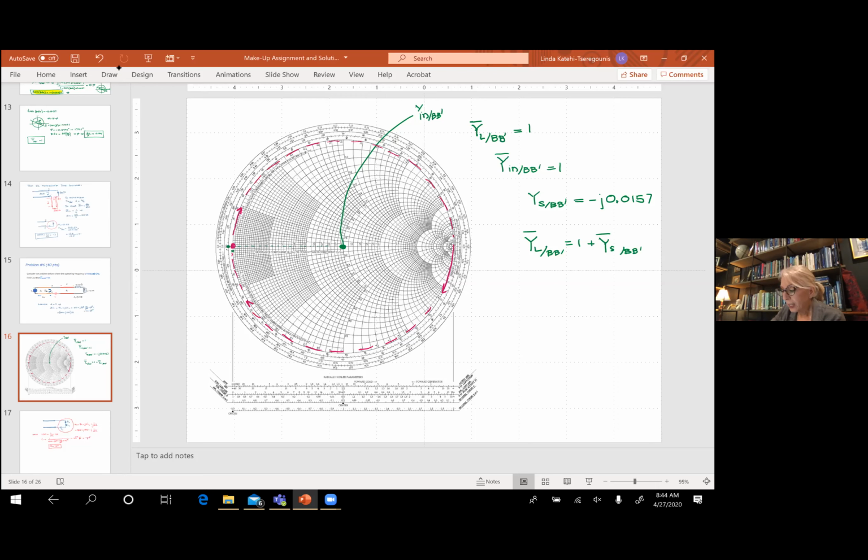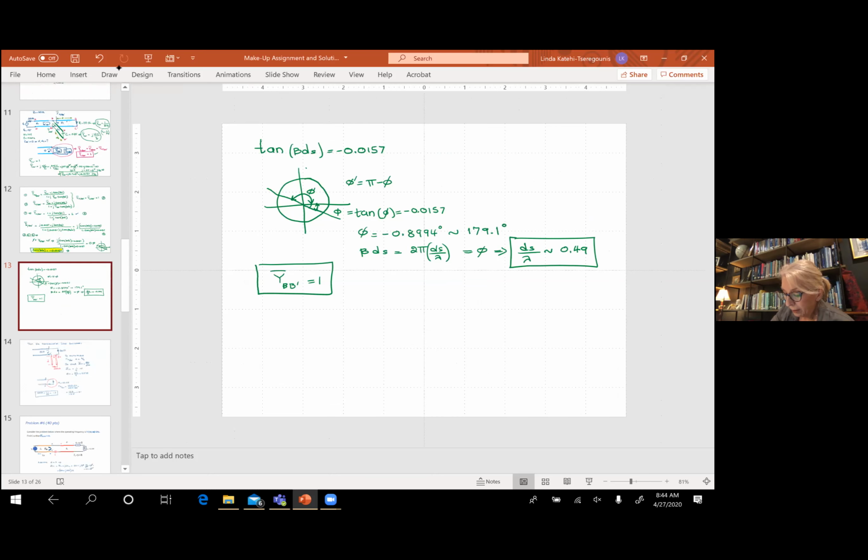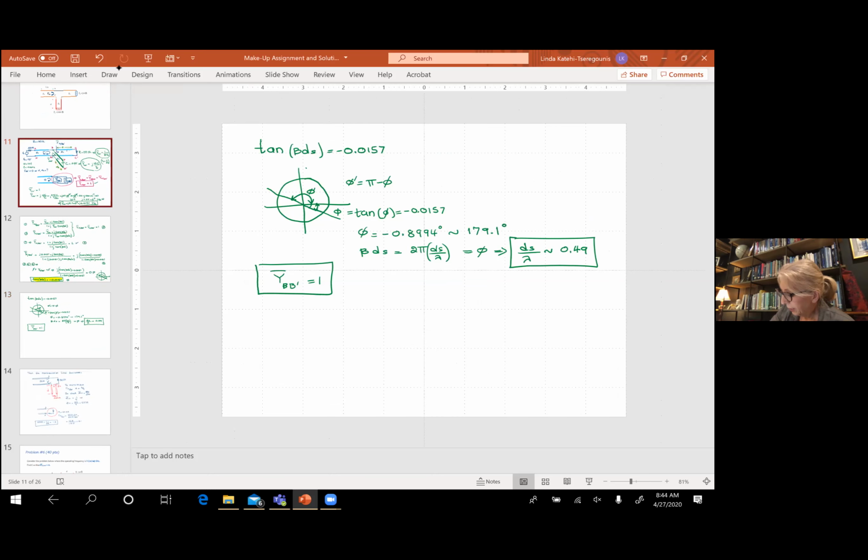As you can see, I could have come with this without doing any calculations. These are the only calculations I would do on the Smith chart, as opposed to what I did here. I did those, and then I did those, and then I did those.